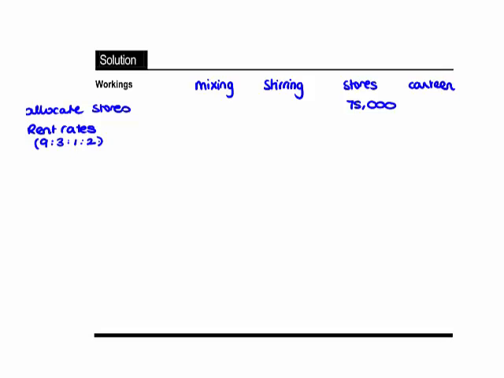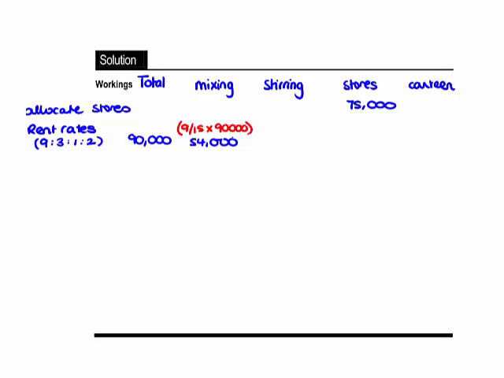And our total costs then for the rent and rates are $90,000. And so what we're going to say is that 9/15 will be the mixing department. So $54,000 of cost will go to the mixing department because it has the biggest proportion of floor.